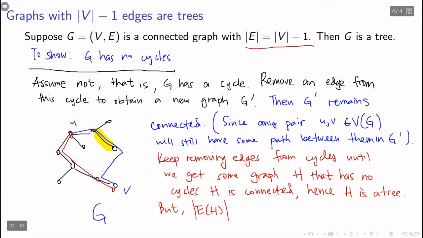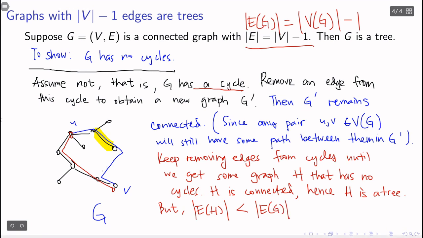The number of edges of G is the number of vertices minus 1. But the number of edges in H, since we removed at least one edge, right? There was at least one cycle in G, is strictly smaller than the number of edges in G.